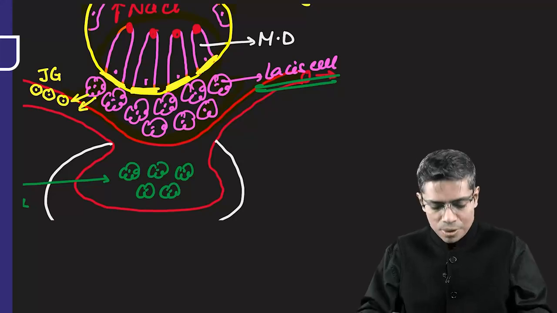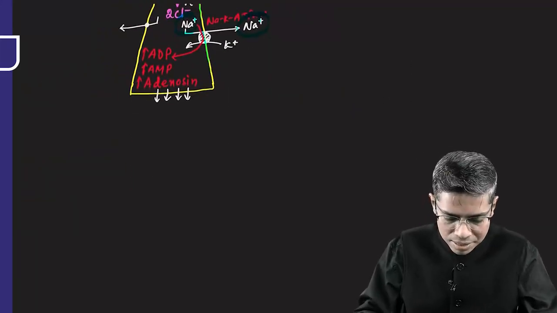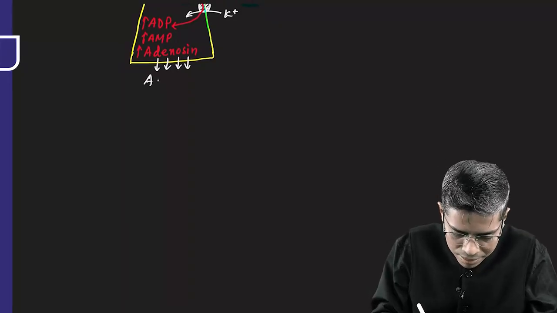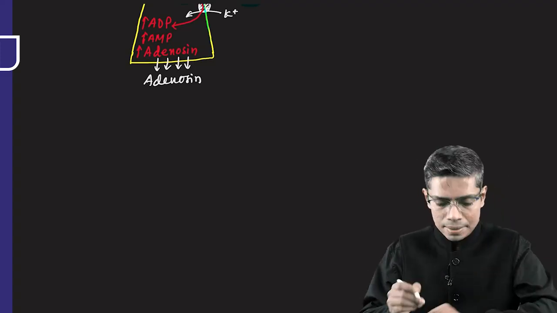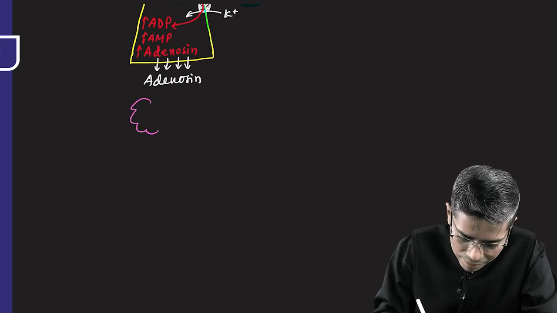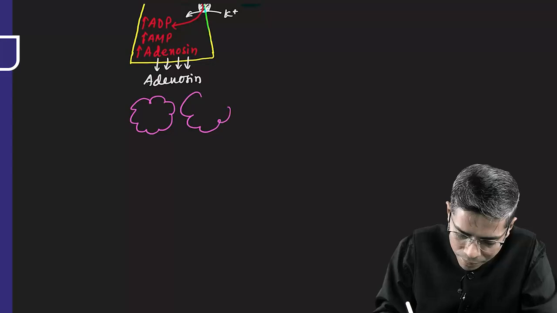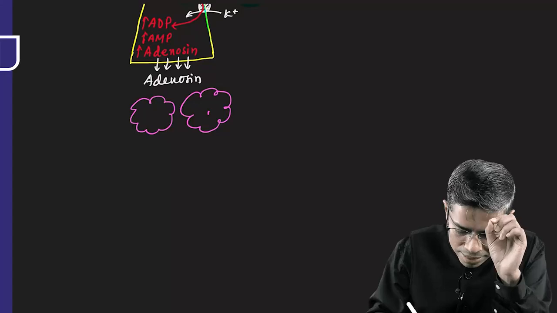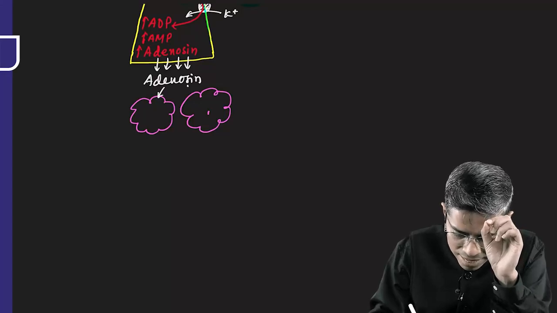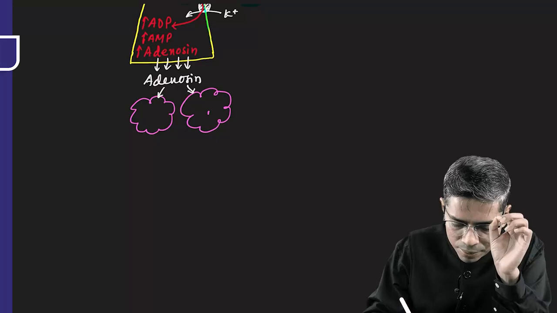Right? Okay. So now, whenever this adenosine is released from the macula densa cell, it comes in contact with the Lacis cell. Now this Lacis cell contains a receptor for this adenosine, right? So the adenosine now acts on this Lacis cell. What is the receptor for this adenosine?